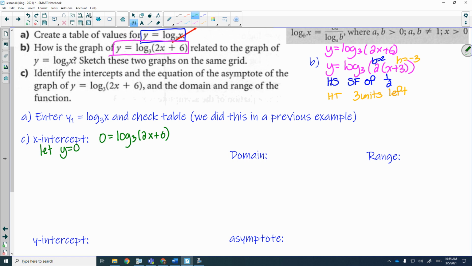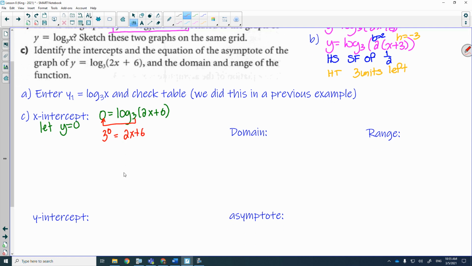You're in log form. Get yourself to exponential form. 3 to the power of 0 is equal to 2x plus 6. Anything to the power of 0 is 1.